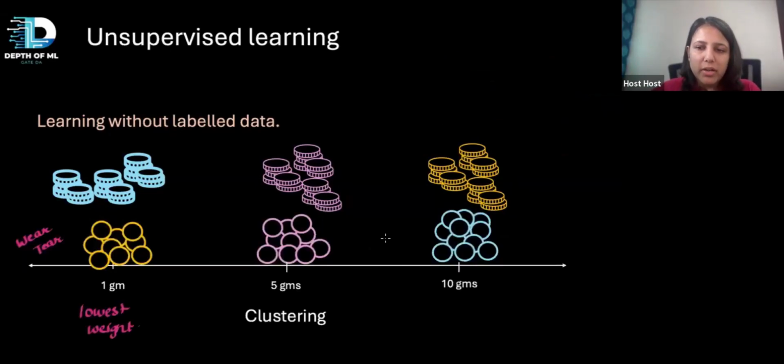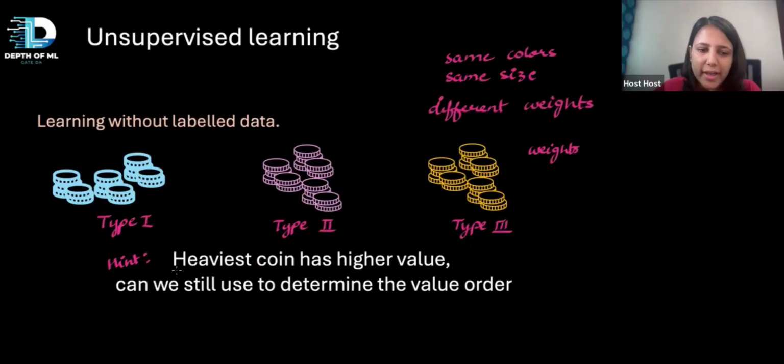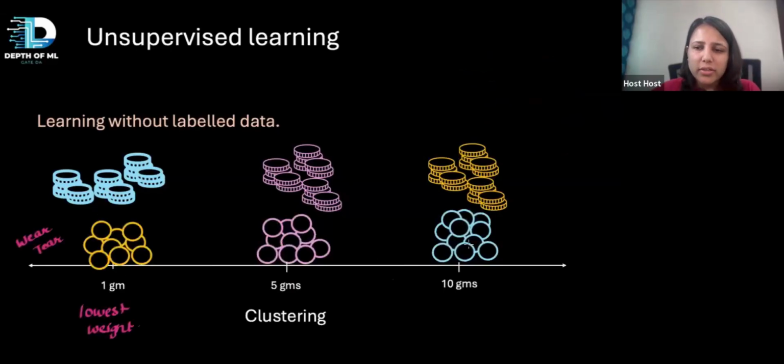So which color? Heaviest coin has higher value. What is the heaviest coin here? Tell me the heaviest coin. Oh God, you guys don't know 10 grams is greater than 5 grams is greater than 1 gram.